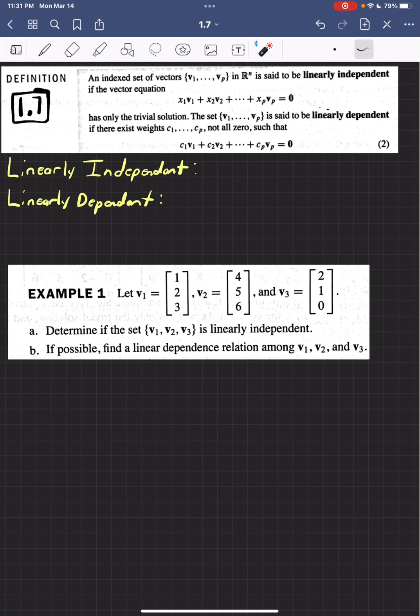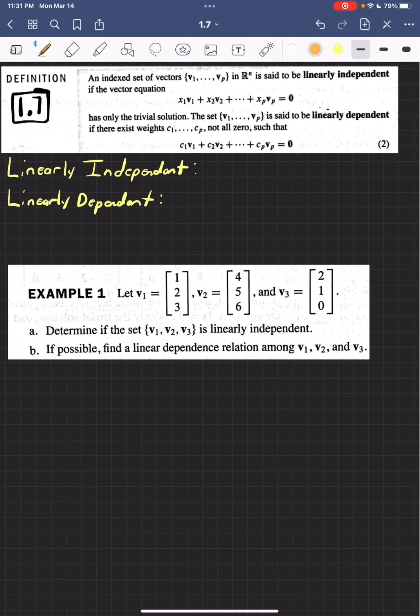Let's start with the idea of linear independence. The way this begins is we start with some set of vectors. Imagine that we have a set of vectors and a set of scalars.